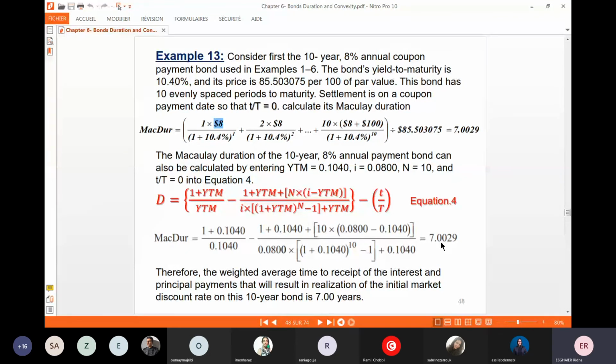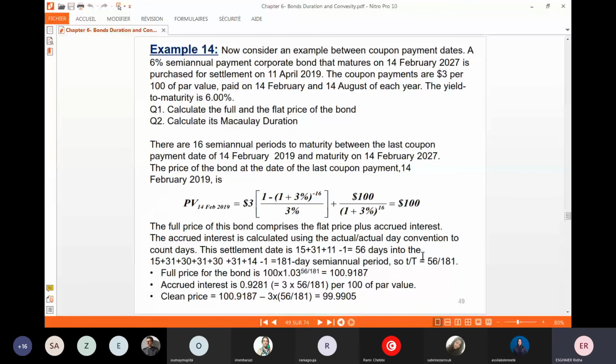اجا نشوفوا اكزامبل اخر اللي فيه فما كوبون تعطى عنده ايامات. دونك the next coupon to be received will not be received after a full period. قال لنا consider an example between two coupon payment dates. عندك a 6% semi-annual payment corporate bond that matures on February 14, 2027. هذا is purchased for settlement on April 11, 2019.